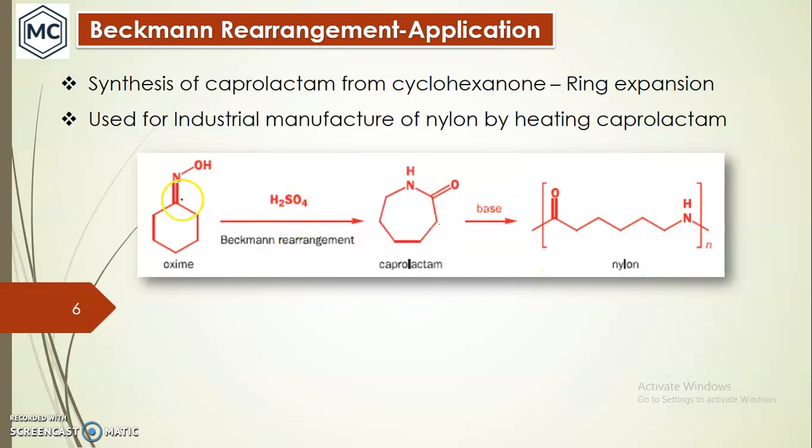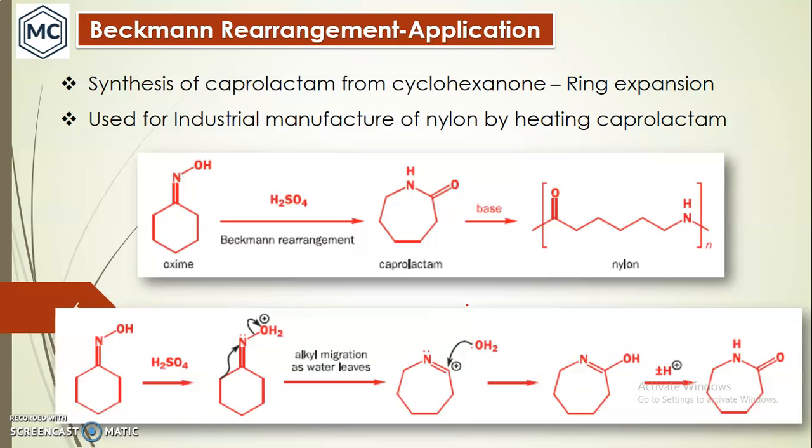Okay, and in this oxime, in the presence of acid, it forms caprolactam. So let us see what the mechanism of that is. You are starting with this oxime in the presence of sulfuric acid, like in the previous case, it becomes hydronium. Hydronium is a very good leaving group.